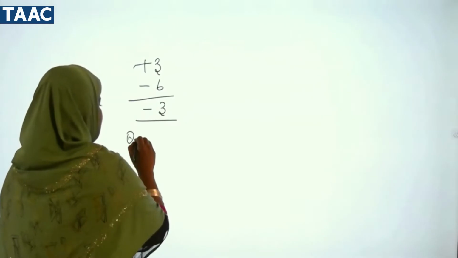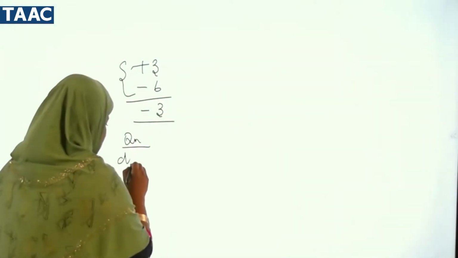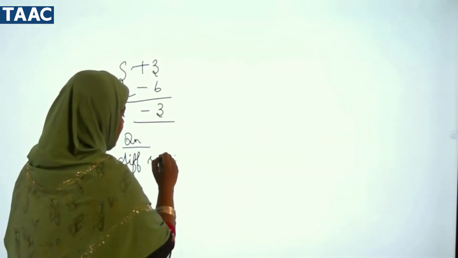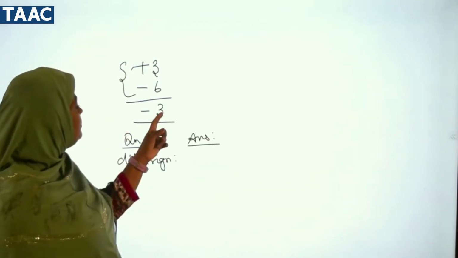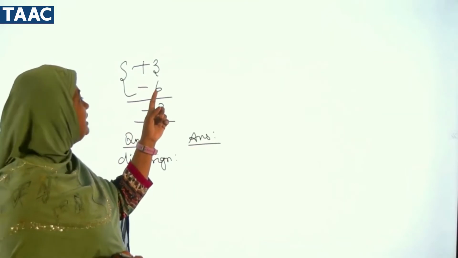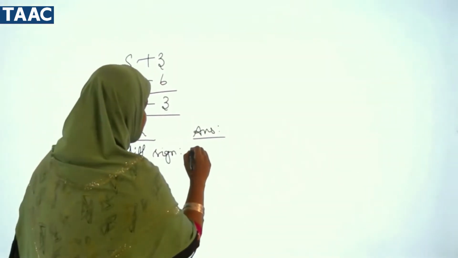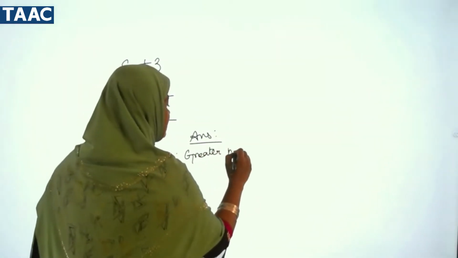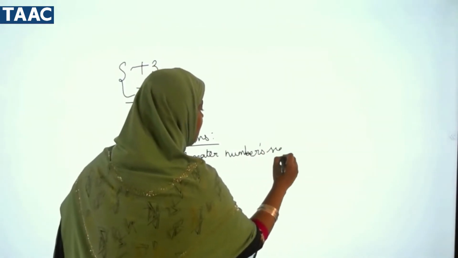So see here, in the question we have different signs. So different signs, and in the answer what have we got? In the answer we have got minus. Minus belongs to which number? It belongs to the greater number 6. So we write, different sign means we put the greater number sign, and what about the number?